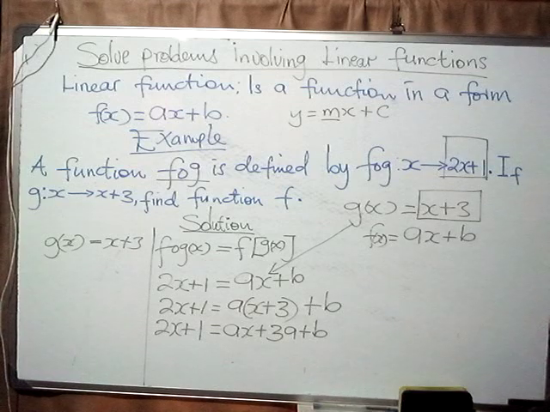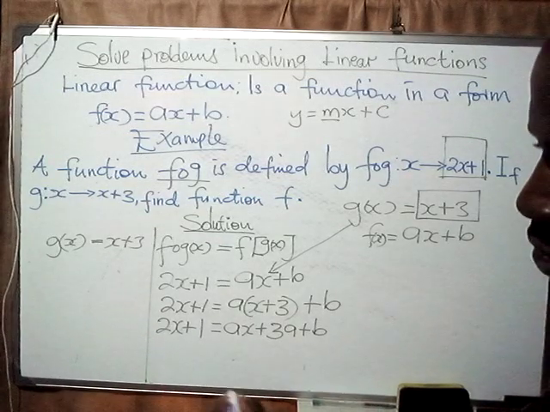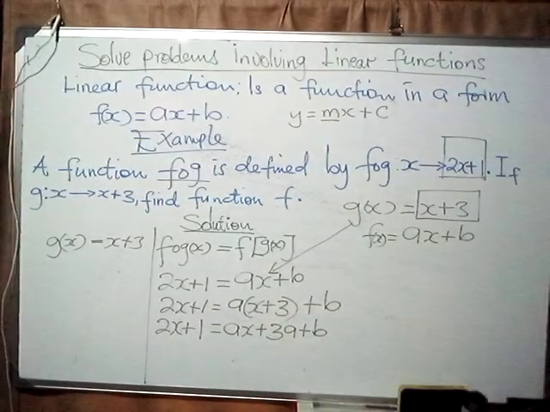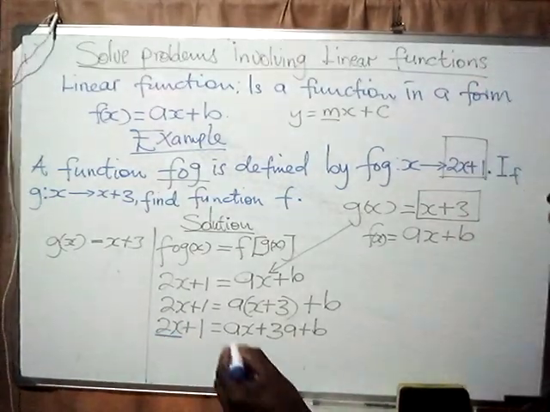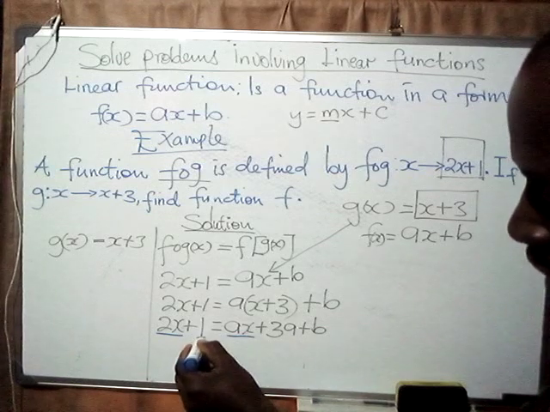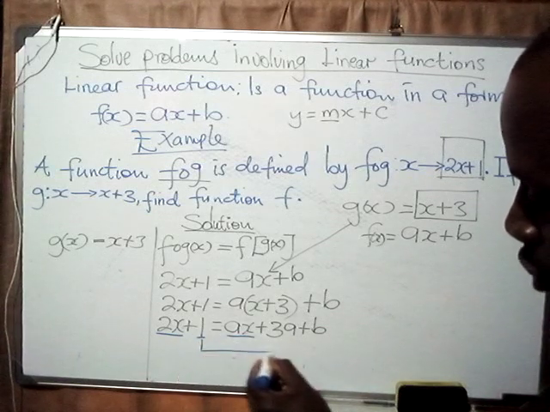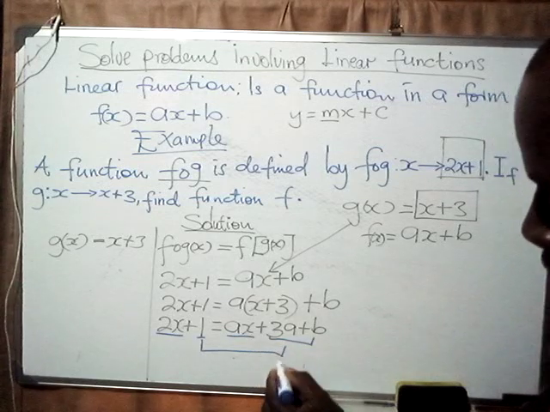Once we reach that point, we are going to equate. The term here which has x will be equal to this one, then the constant there will be equal to this constant here because they do not have x.